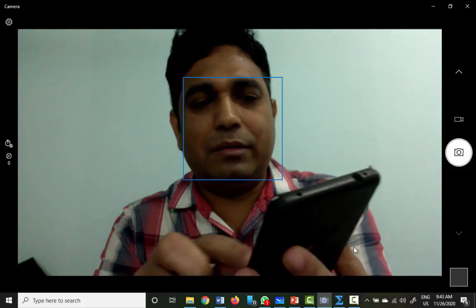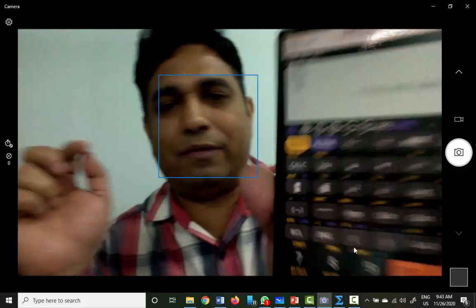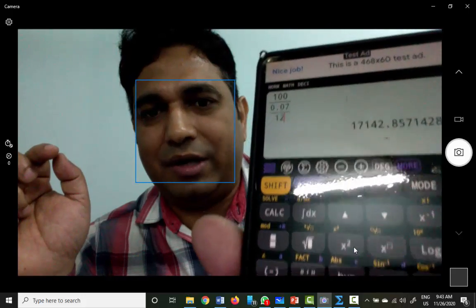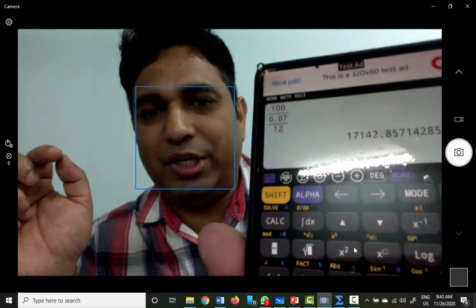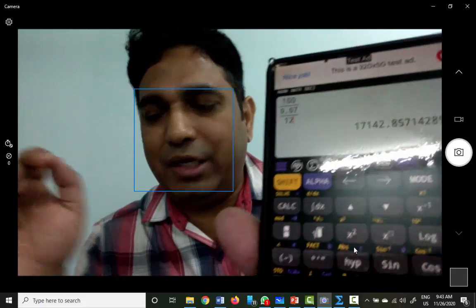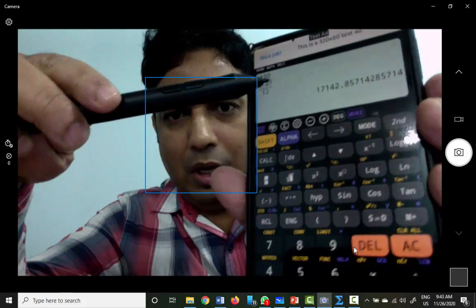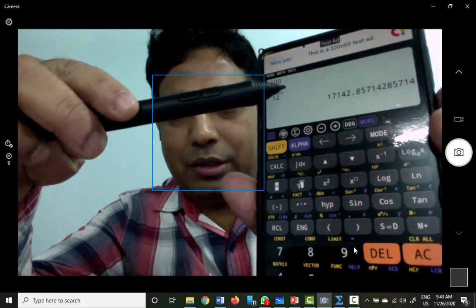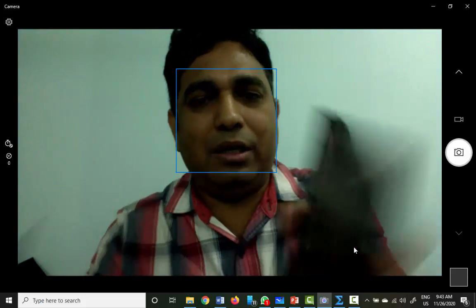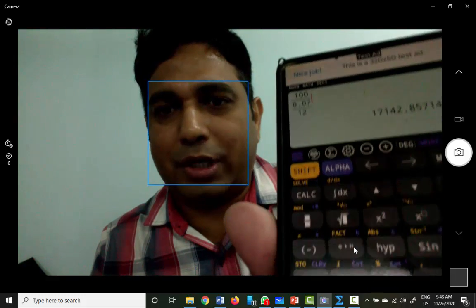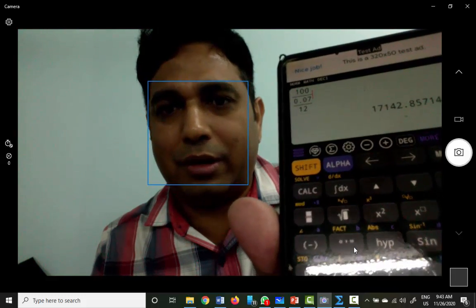So 0.07 divided by 12. Then we need to come out of the fraction, so I touch there so that the cursor goes there.